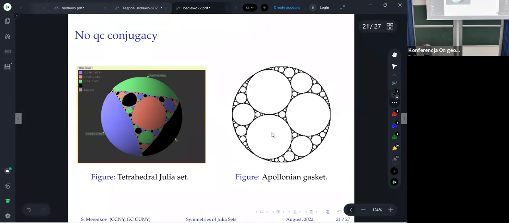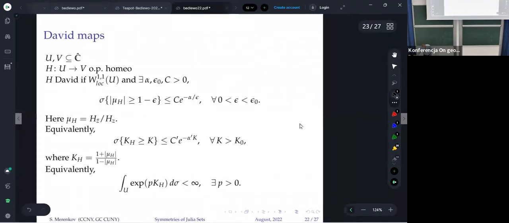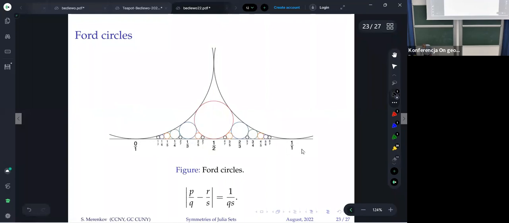Here you're not going to have hyperbolic dynamics, but if you go from the circle to the real line, between 0 and 1, you will see this pattern of circles in your limit set. They're called Ford circles. And the sequences where they touch the real line are called Farey sequences.